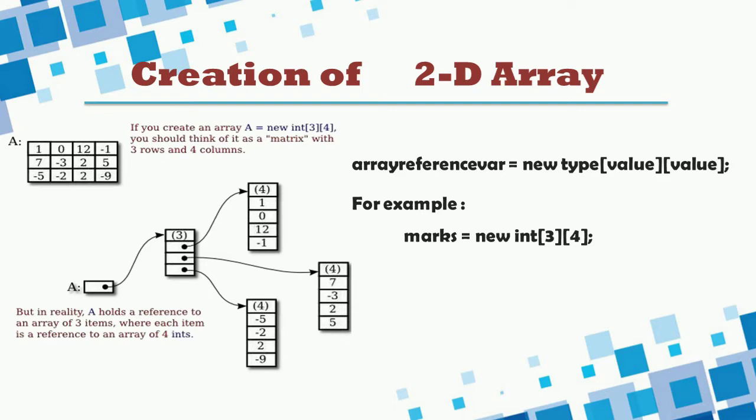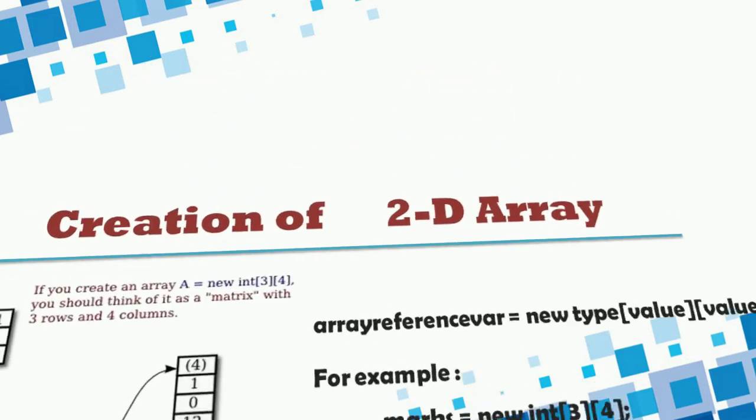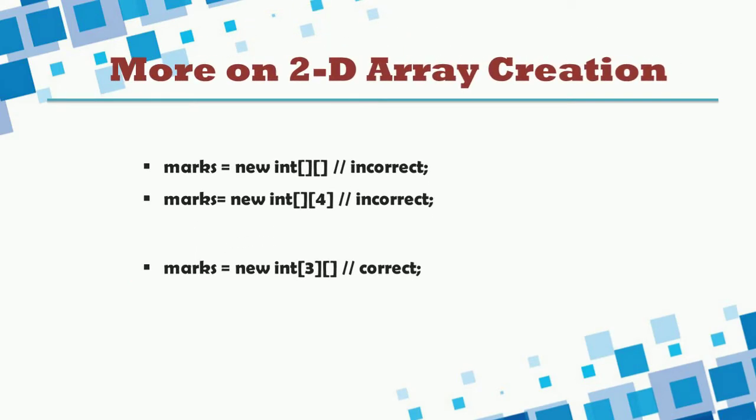It means 12 spaces will be created in the memory which may be visualized as a matrix with rows and columns. So now in the variable, 3 rows. The first row will move on to the first column, second column and third column.